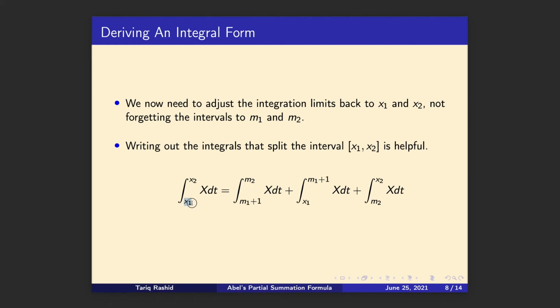If we have an integral from x1 to x2, that's the same as going from x1 to m1 plus 1. That's the bit just before m1. So we'll draw a picture to show it. Actually, let's do that now.